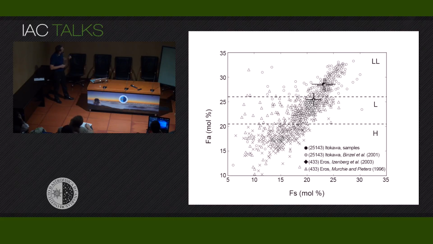And I think at the end it was predicted by Binzel that it would be LL, so low iron meteorite counterpart asteroid, and it is sitting there. Somebody was hypothesizing L in another way, and then for Eros we have here L-type meteorites being the counterparts.